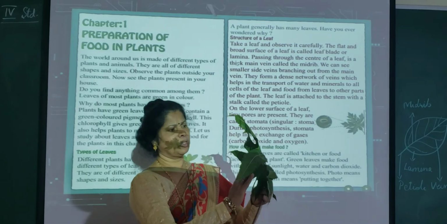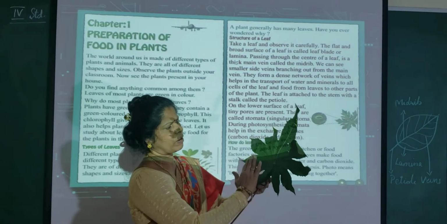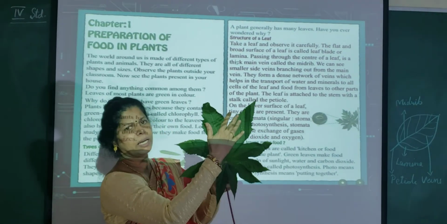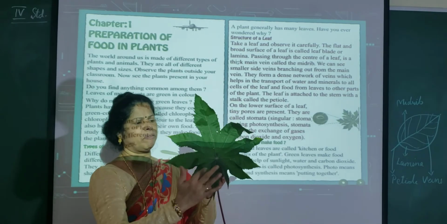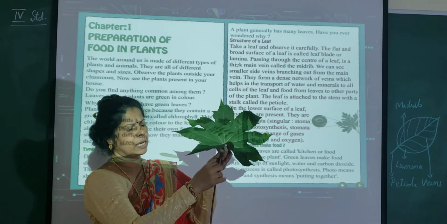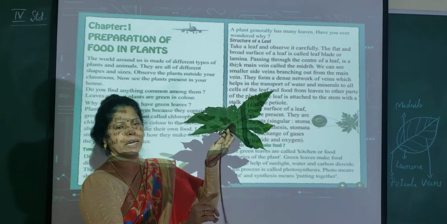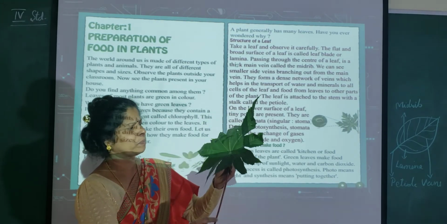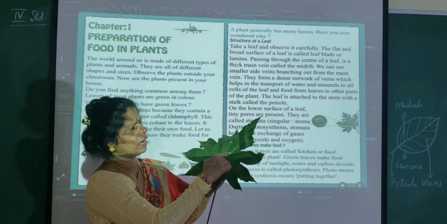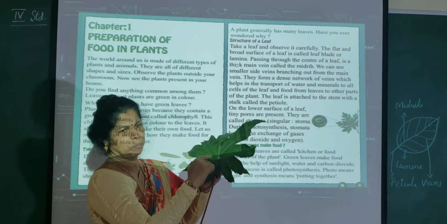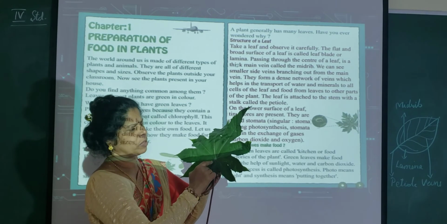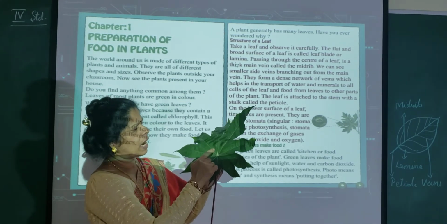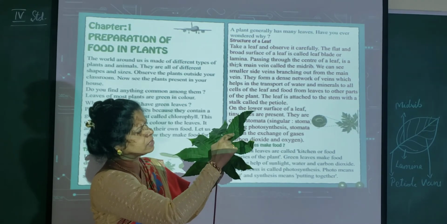See, actually two parts. This is the flattened part, which is called the leaf blade or lamina. And this is the petiole or the stalk, which connects to the stem of the plant. And this, you can see the midrib or the main vein which passes through the leaves. And this will be having small branches here.